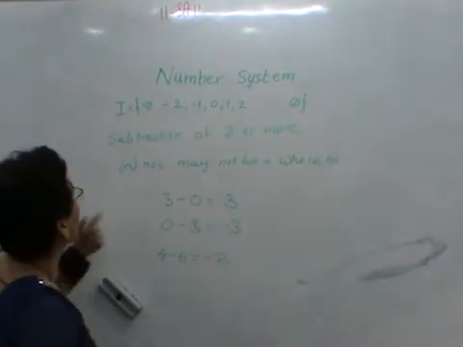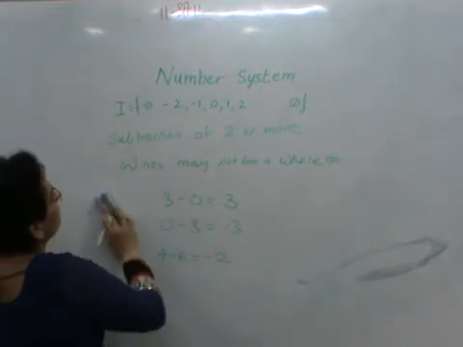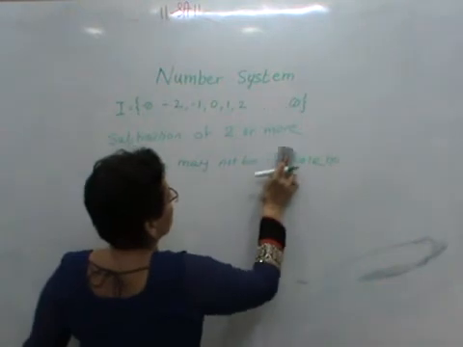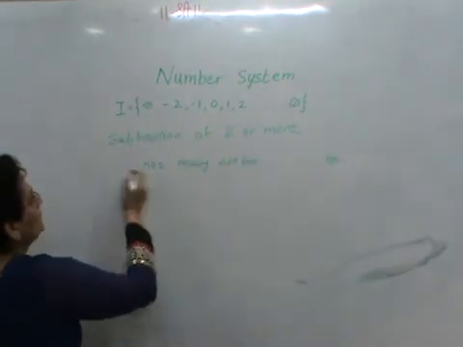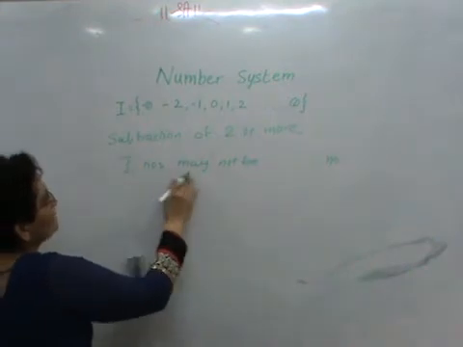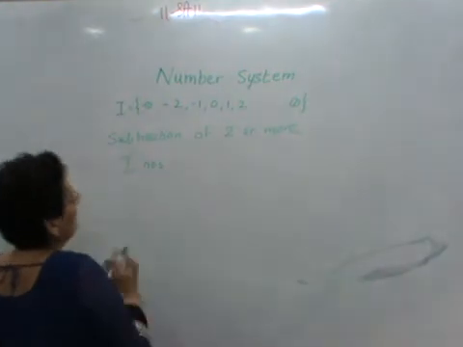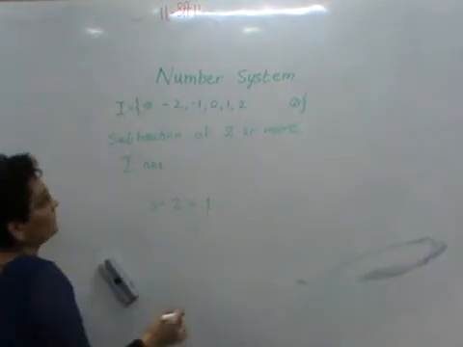But when we come to integers, subtraction of 2 or more integers, we don't know. Let's see. If we subtract 3 minus 2, we get 1.